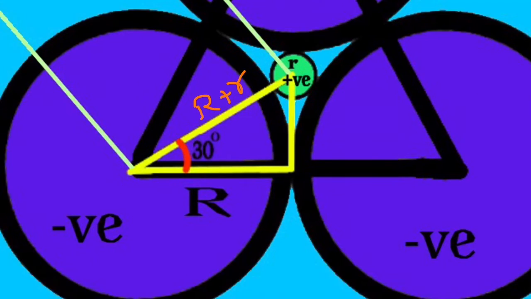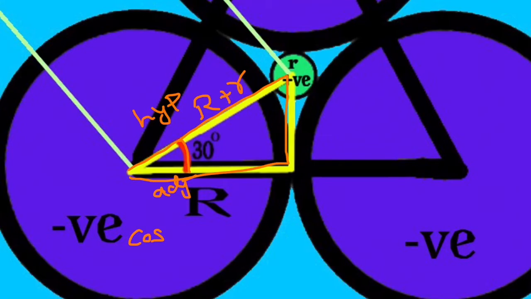Now for this angle 30 degrees, this one is hypotenuse and this one is adjacent, and as you can see, it is a complete right angle triangle. So when you have adjacent and hypotenuse given, we can use the formula cos.